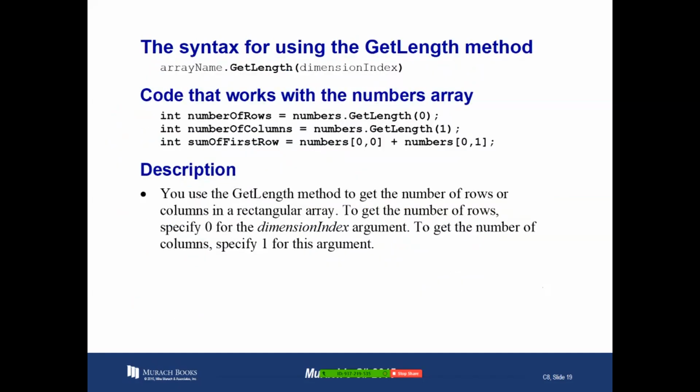And this is the syntax for using the GetLength method, and it's a method, not a property, because it takes an argument. This gives you the length of the rows. This gives you the length of the columns.